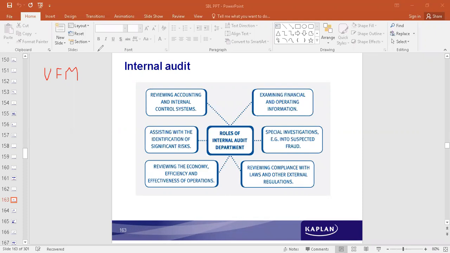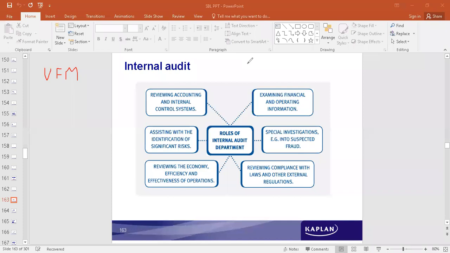Okay, good. See, it is not mandatory that there should be an internal audit function or internal audit department. It is voluntarily taken up. Why? If something is not mandatory and yet it is in place, it is for some benefit.